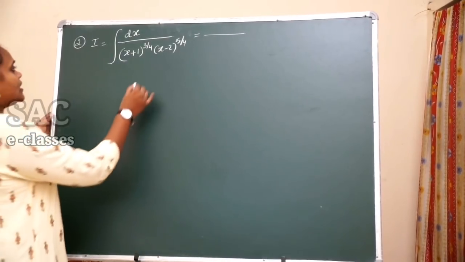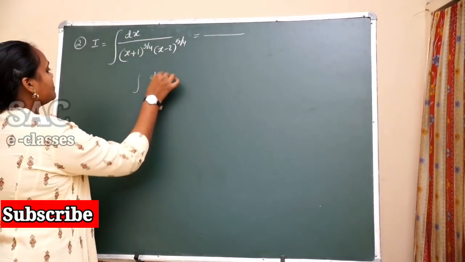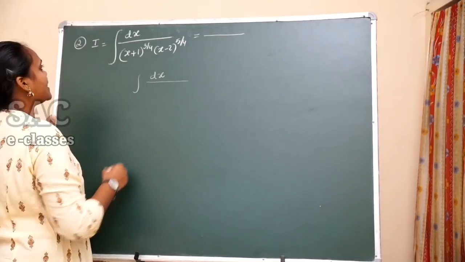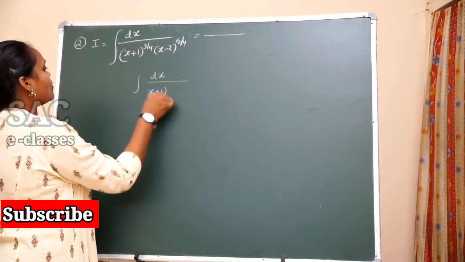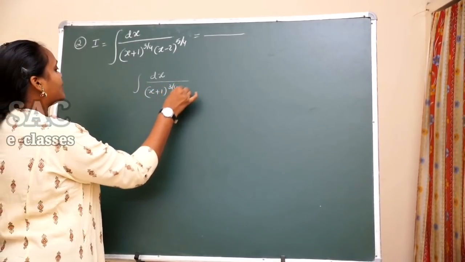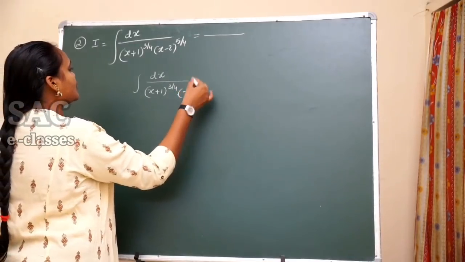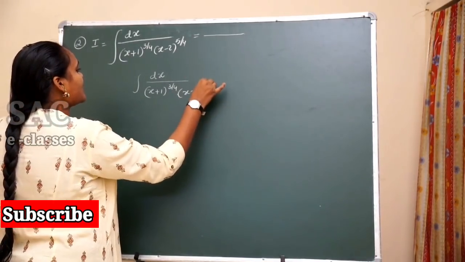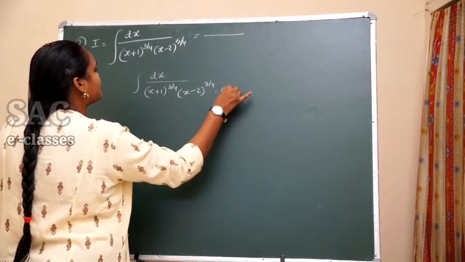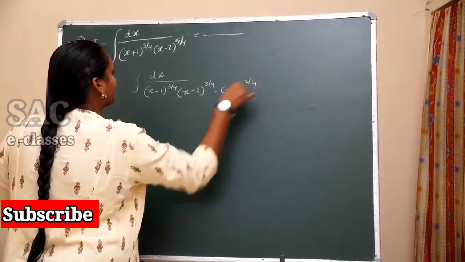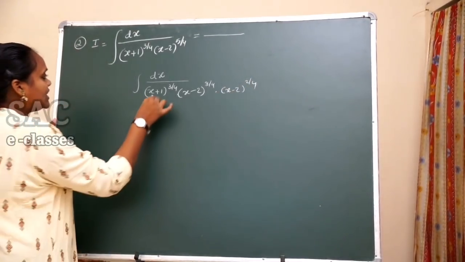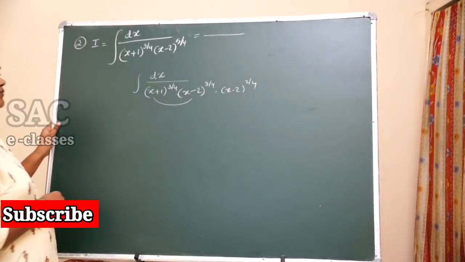First, if I try it this way, dx by (x plus 1) whole power 3 by 4 into (x minus 2) to the 5 by 4, writing it as 3 by 4 into (x minus 2) to the 2 by 4, these again have the same fractional power.